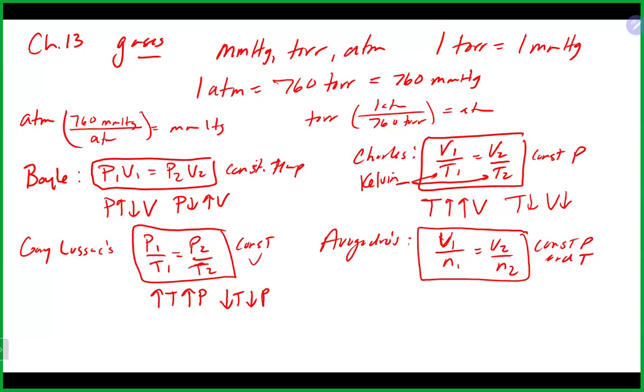One of the things that we saw with Avogadro's relationship is that as the number of moles increases, so does the volume. We could do some stoichiometry if it's a gas situation under constant pressure and temperature. We could do a volume to volume relationship using the coefficients from the balanced equation, just like we do a mole to mole relationship. And it can allow you not to have to use a gas law.